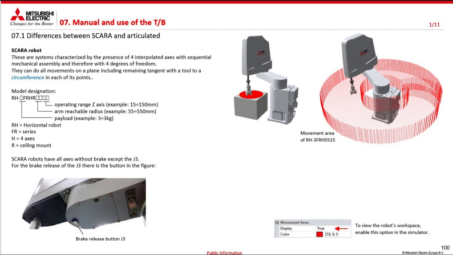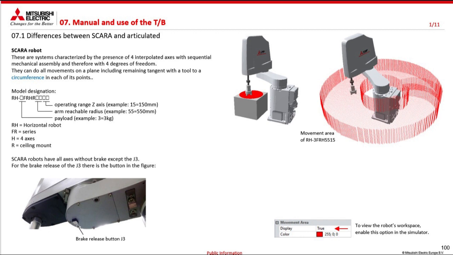Let's analyze the acronyms. We have already seen in the previous modules that RH stands for horizontal robot. The Japanese don't call them SCARA as we do, but they call them horizontal robots. FR stands for the series.